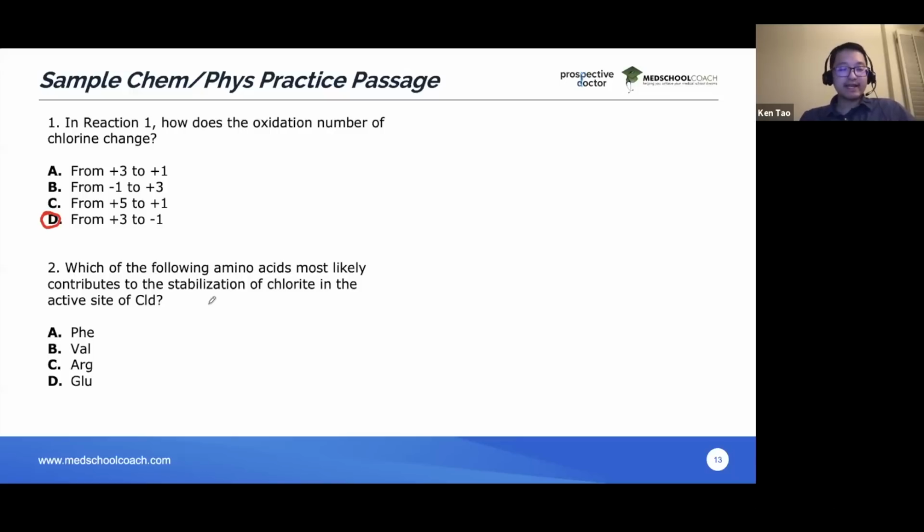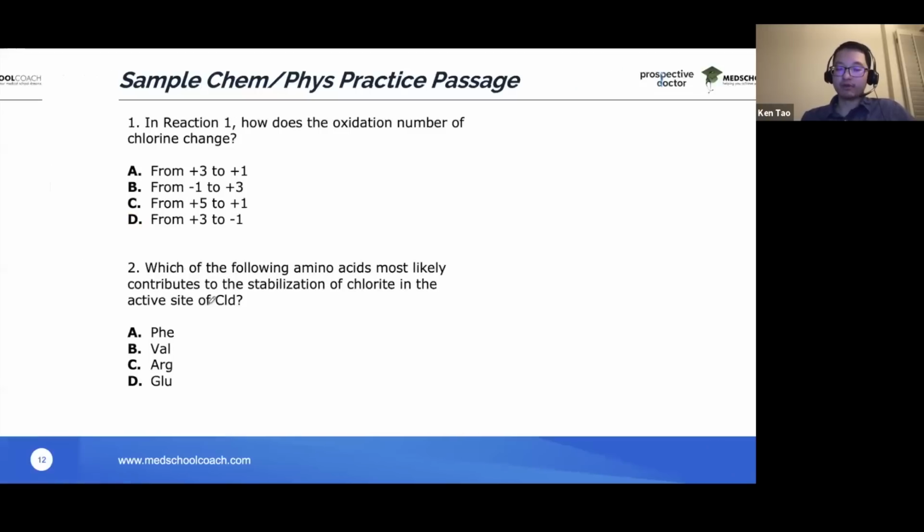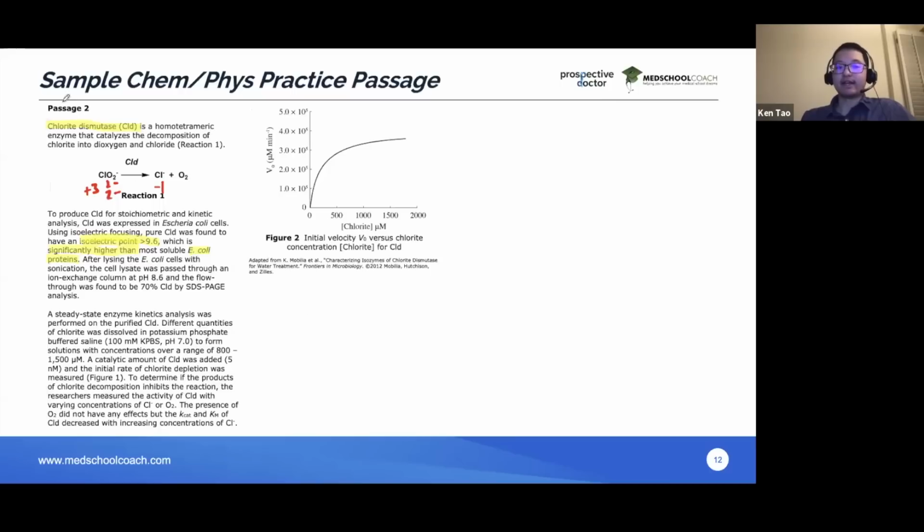And of course, Kathryn, having read through the passage, do we have any text telling us what amino acids are important for stabilizing our enzyme chloride dismutase? I do not remember any information about the stabilization. So I think we would have to defer to the structure on this one. That's correct. If you're looking at the structure of the substrate, what do you notice about the substrate?